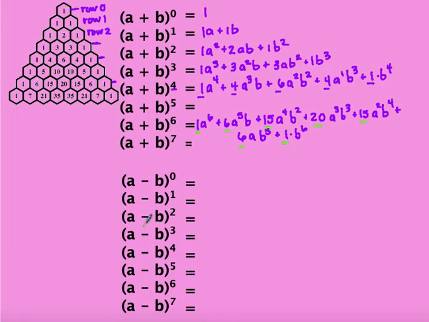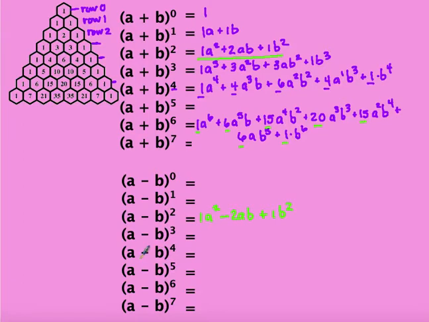Okay, so a minus b squared is going to have the same terms as this guy here, a plus b squared, but what's going to be different is the first term is going to be positive, 1a squared, then it's going to flip to be negative 2ab, and then the last term is going to be positive here, plus 1b squared.